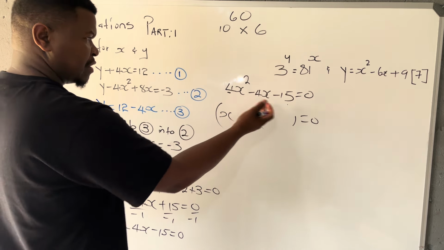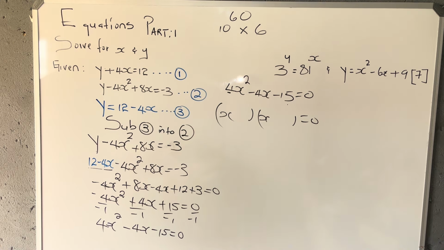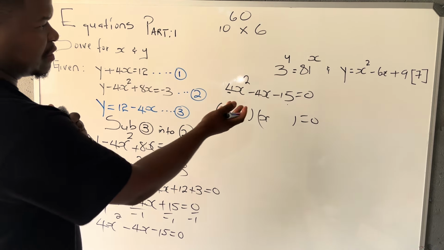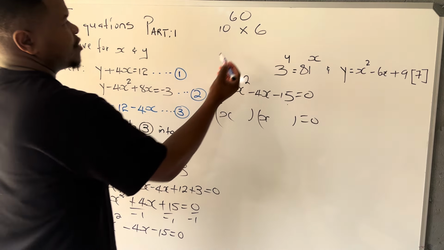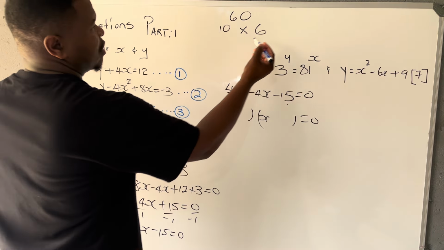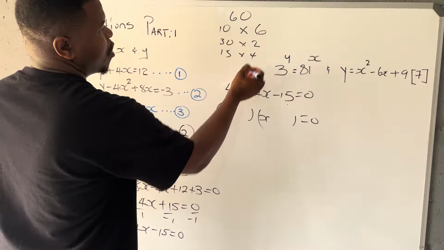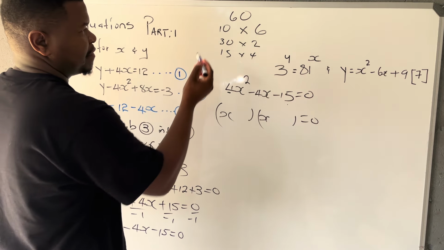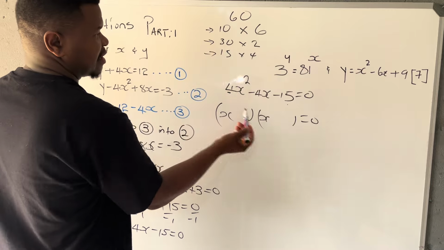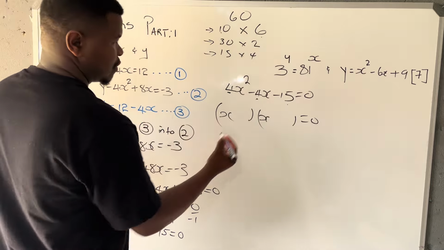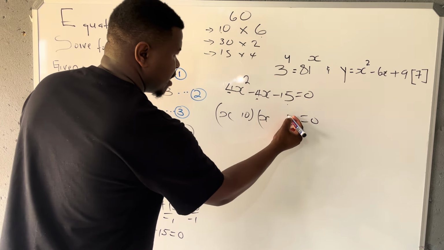If you want more of this, go and check one of the videos in grade 11 where I was doing factorization. So I covered all this kind of factorization. I know that we also have the likes of 30 by 2, 15 by 4, but we're looking at the factors that can give us 4. So it happened to be 10 times 6. So I'm going to put a 10 there and a 6.